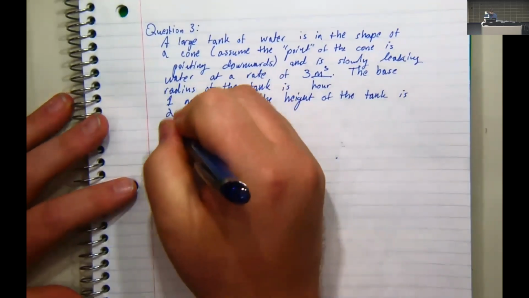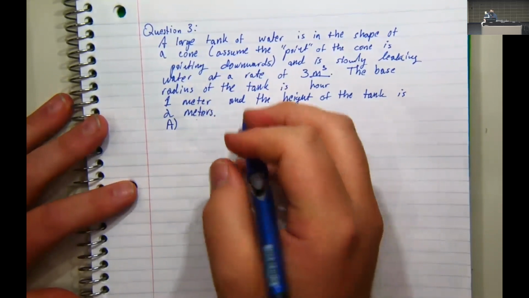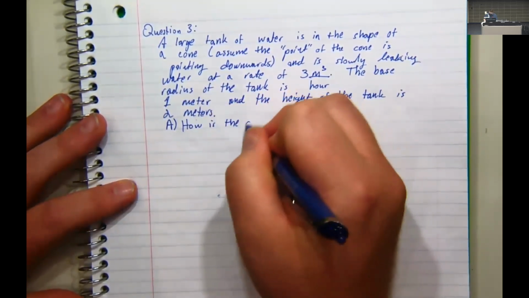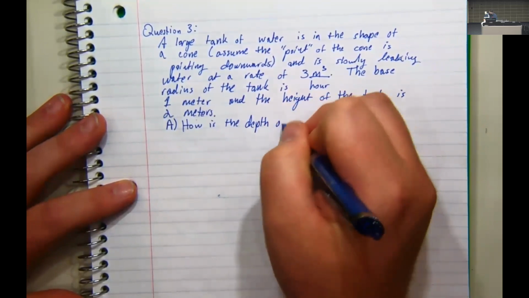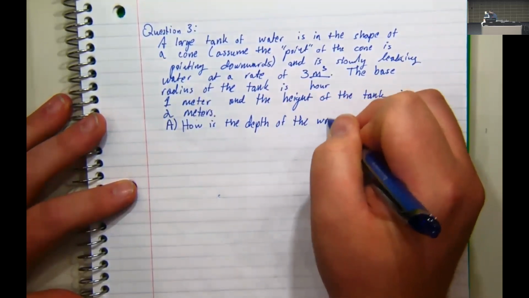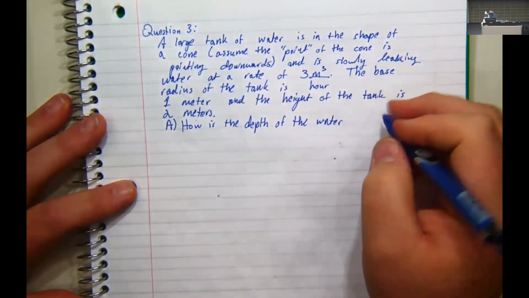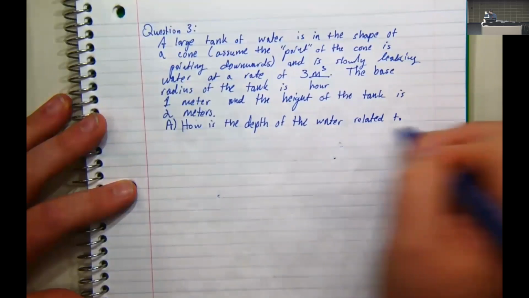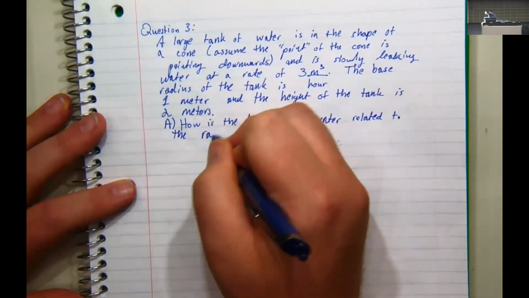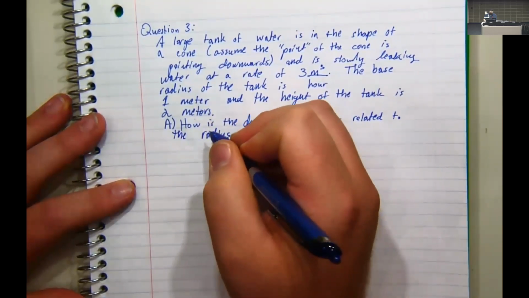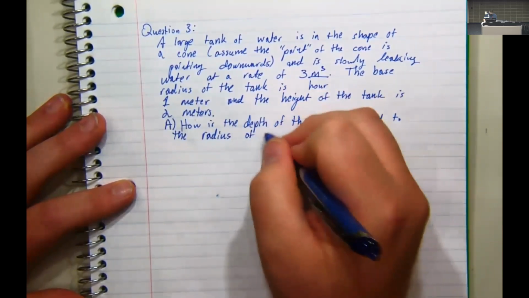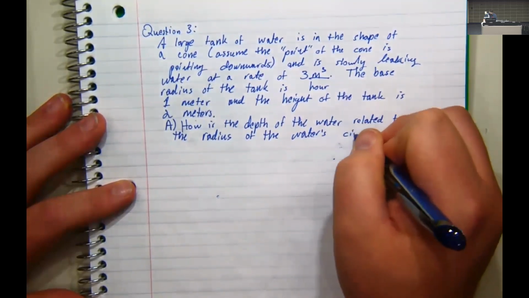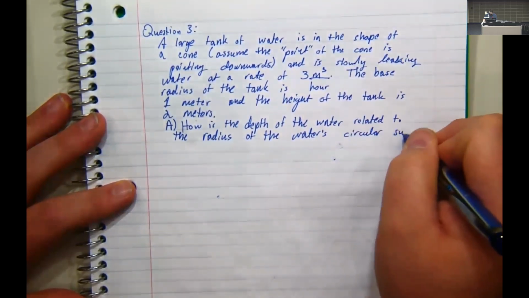So part A says, how is the depth of the water related to the radius of the water's circular surface?